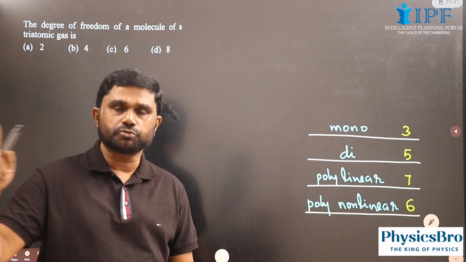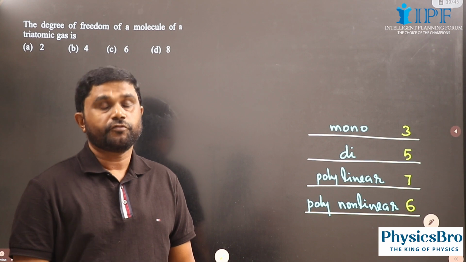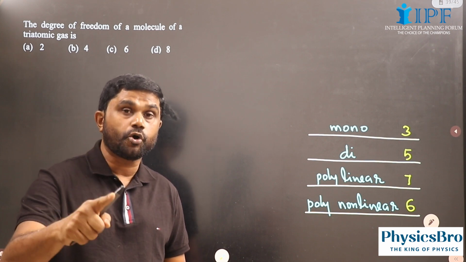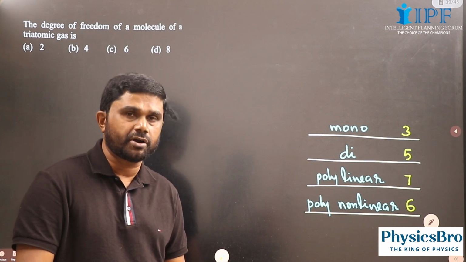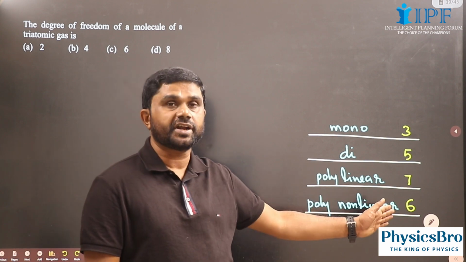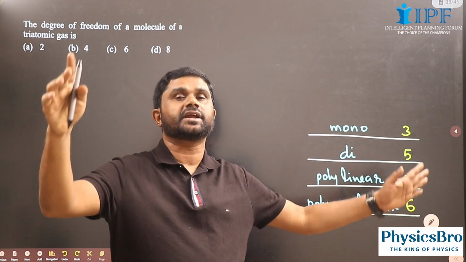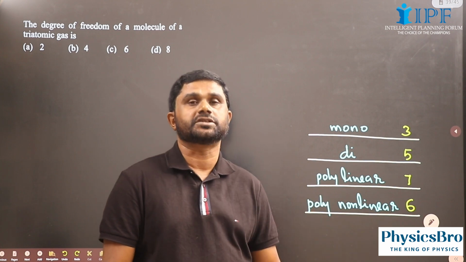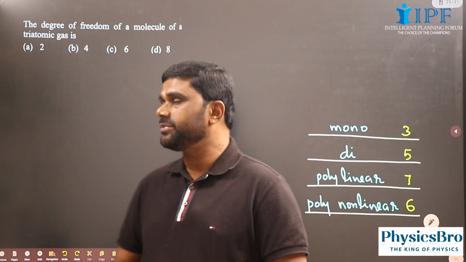Again, 3 are due to translational and the remaining 4 are due to rotation. For polyatomic molecules containing more than 2 atoms, if the structure is non-linear, then the number of degrees of freedom is 6. It contains only 3 translational and 3 rotational degrees of freedom. Vibrational here also we have not considered. This is the number of degrees of freedom in general.